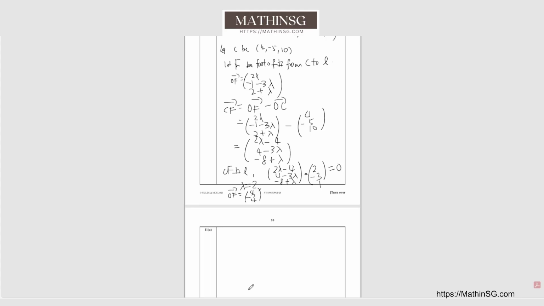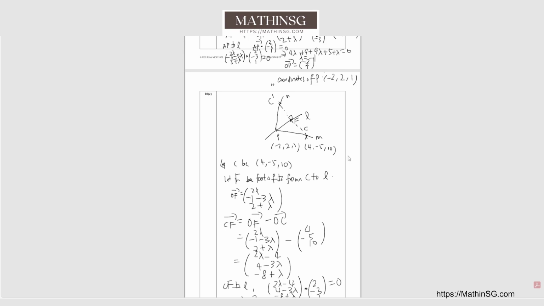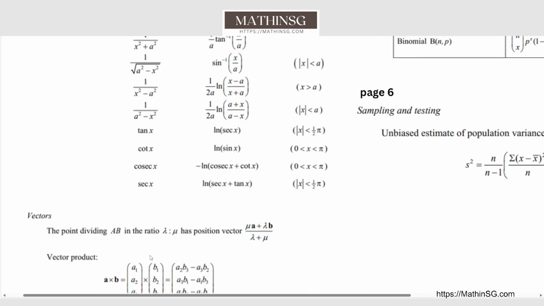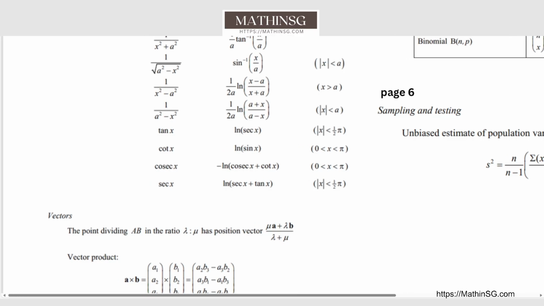Okay, then what I know is that OF is the midpoint of C and C prime, right? So if you use your ratio theorem from the MF 27, which is on the second page here: if I have a point dividing AB, so I have A and B, in the ratio of lambda is to mu, and this is my C here.